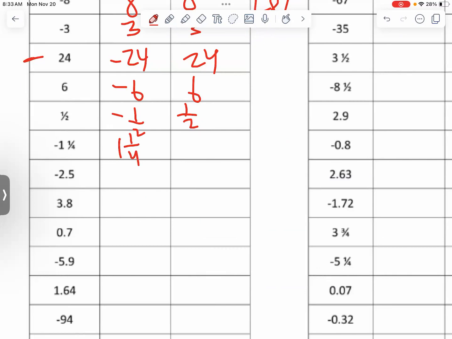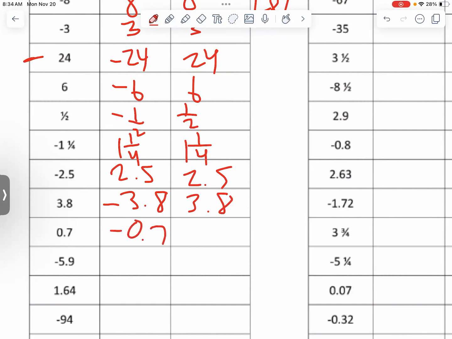Just kind of going quickly through here because that's all there is to it. It looks like you have a lot of problems here, but you don't, because all you're doing is exactly what I'm doing here.